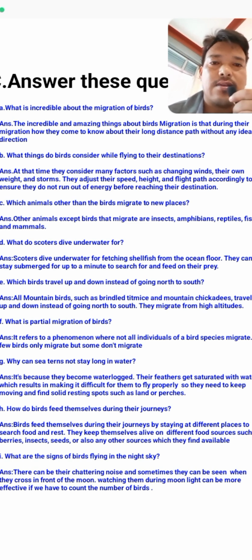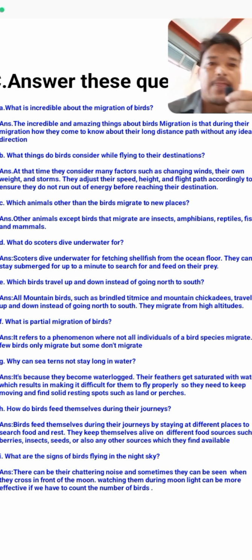It's surprising how they know their destination and path without any clue or direction. So this is the answer to the first question.